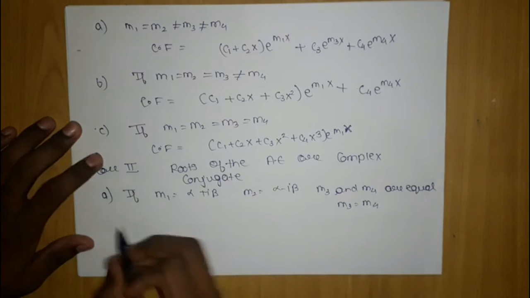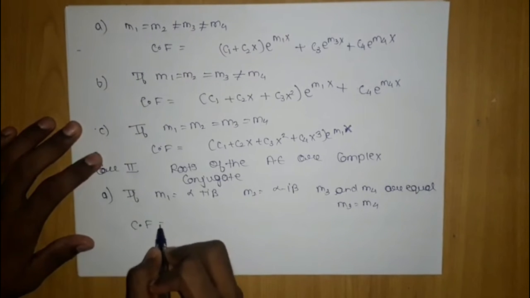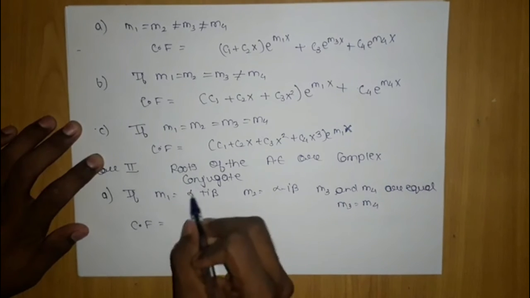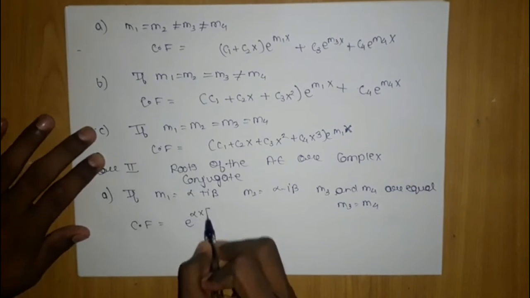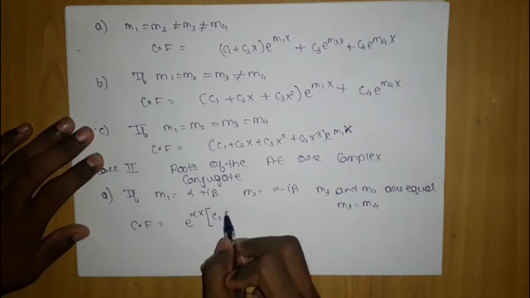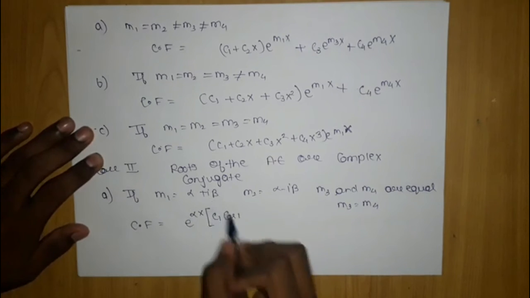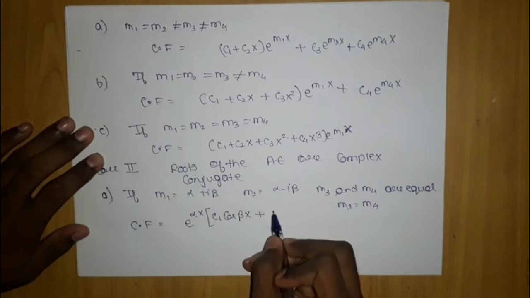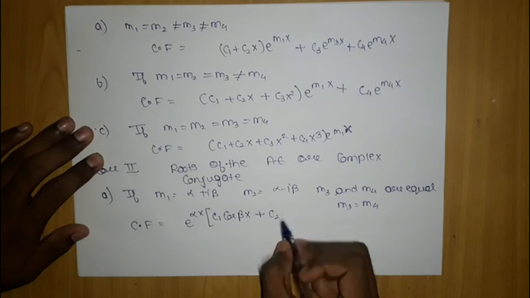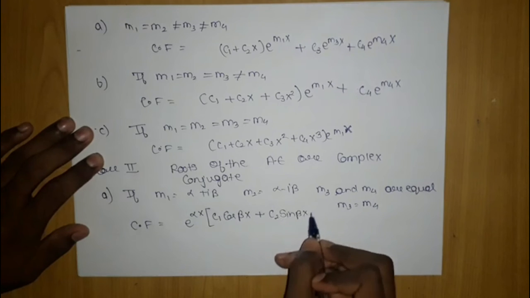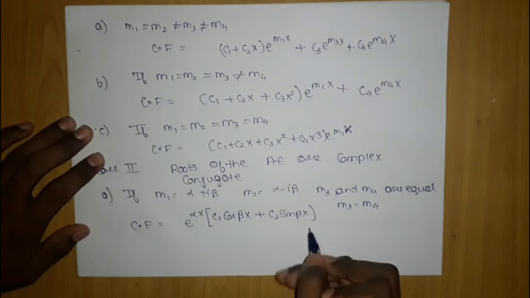So I got this idea. Now how to write the complementary function for this? You have to write e to the power alpha x, the real part, bracket, c1 cos beta x plus c2 sine beta x, bracket close.